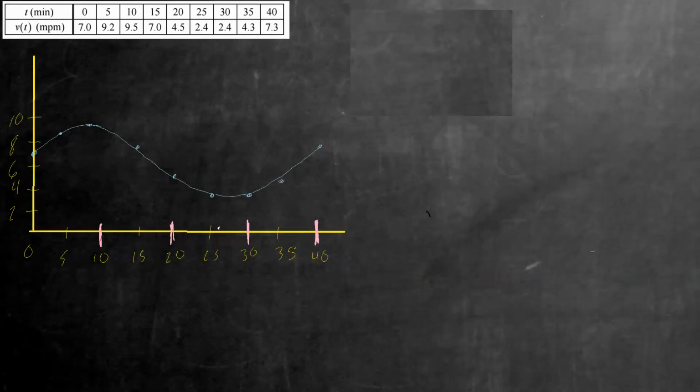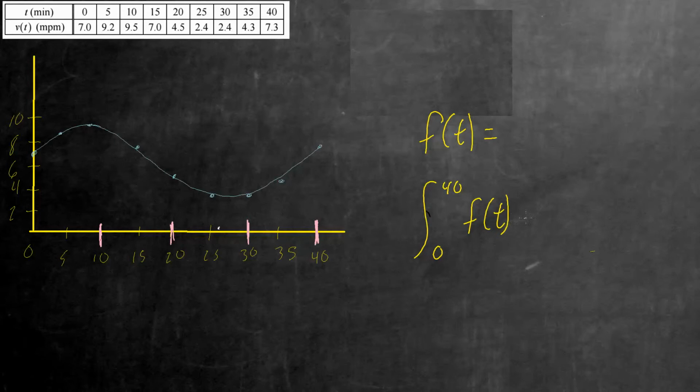And then according to the model given in C of f of t, what is the average velocity of the plane in miles per minute over the time from 0 to 40? So if we integrate 0 to 40 of the actual function f of t in our calculator, it spits out 236.651 miles.